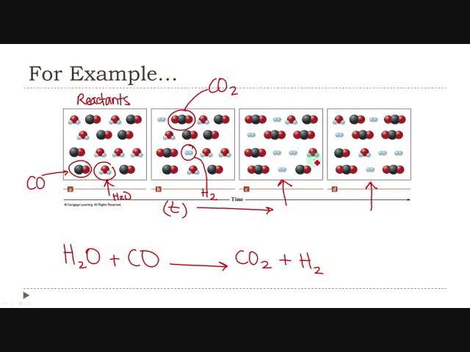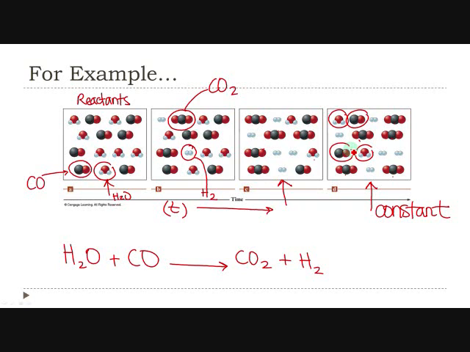There are 2 waters in each box, and there are 1, 2, 3, 4, 5 CO2s. So this just says that it's going to be constant over time. There's no longer any change, even though we still have reactants left over. So they are both present.